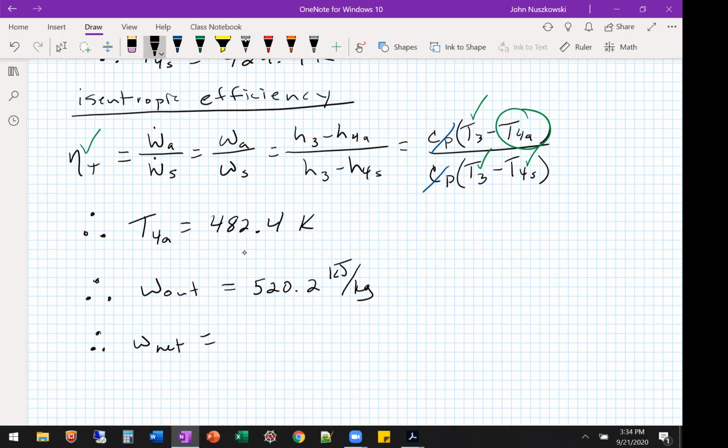That's going to be equal to 112.1 kilojoules per kilogram. And that's the answer to the first part.